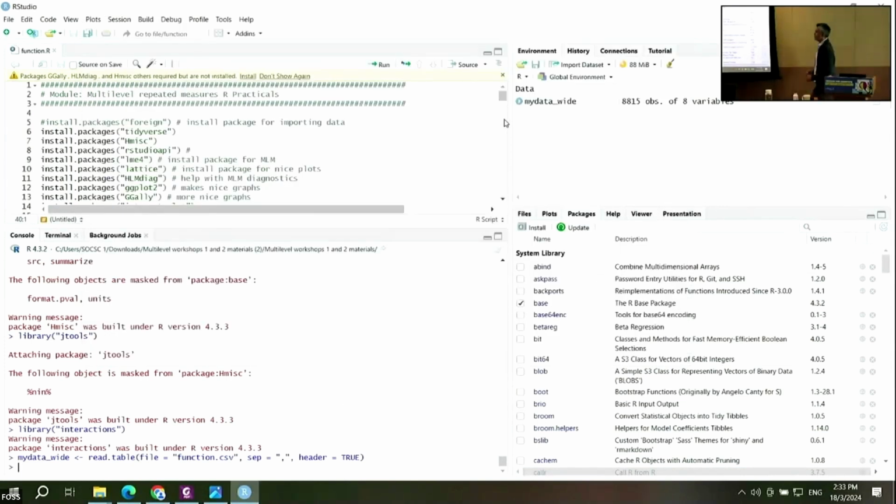And then right at the top, you see I put in a whole bunch of install packages and libraries to run. If you remember, last week I got stuck because one of the commands wasn't working. We got an error, and that's because I hadn't installed the right package before using another package.